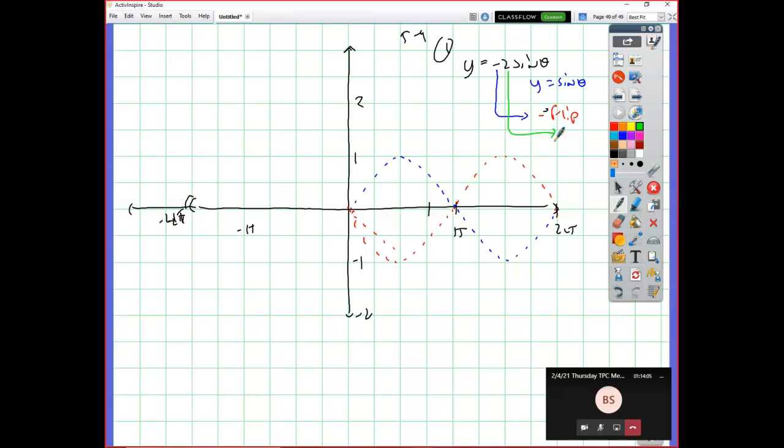We're going to say the amplitude is 2. So instead of going to 1, it's going to go to 2. And so I'm going to draw it like this. Agreed? Yeah.